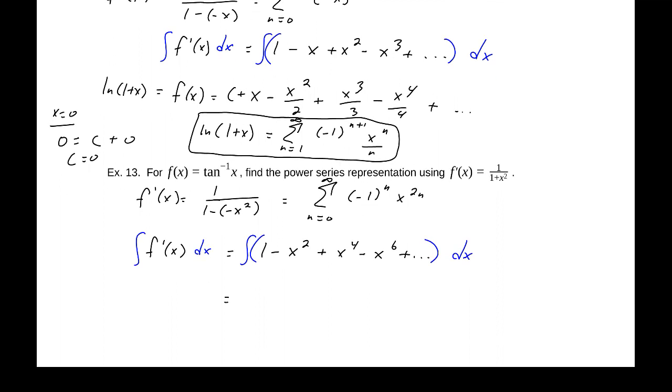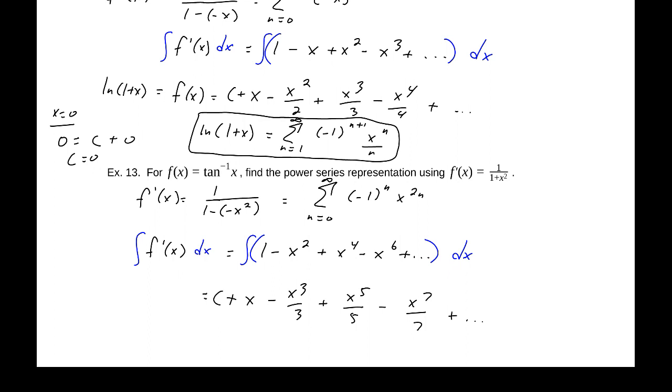Now we will take the integral with respect to x. So term by term, we get x minus x cubed over 3 plus x to the 5th over 5 minus x to the 7 over 7, etc. Now we need to have our plus c.